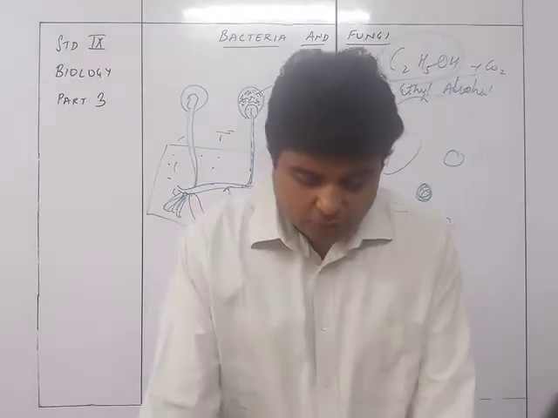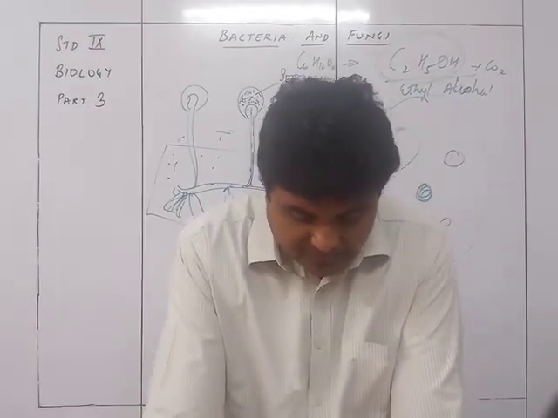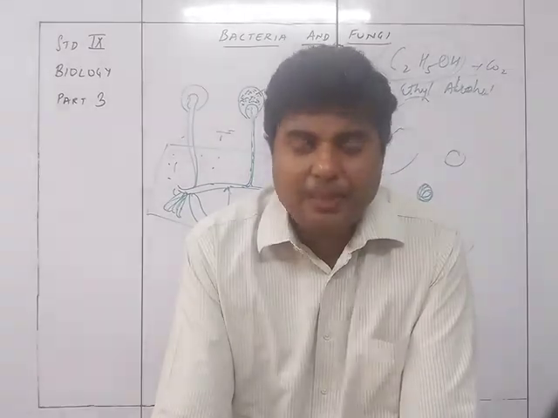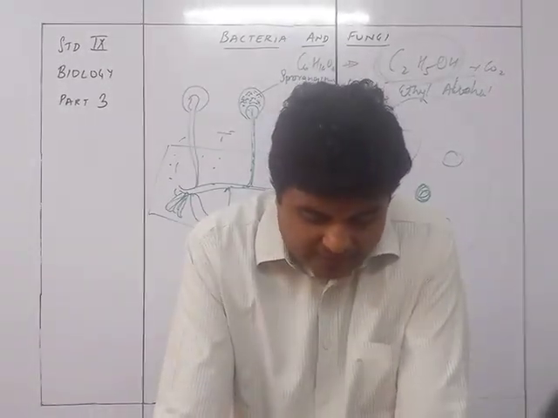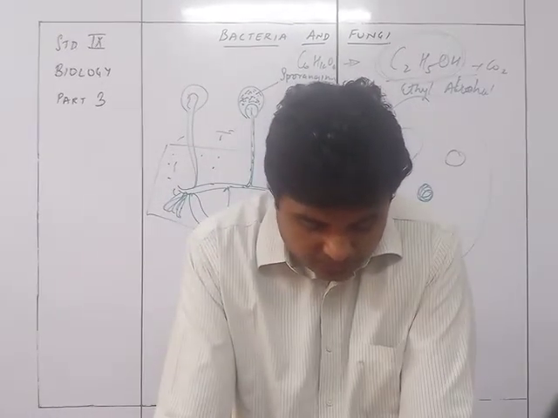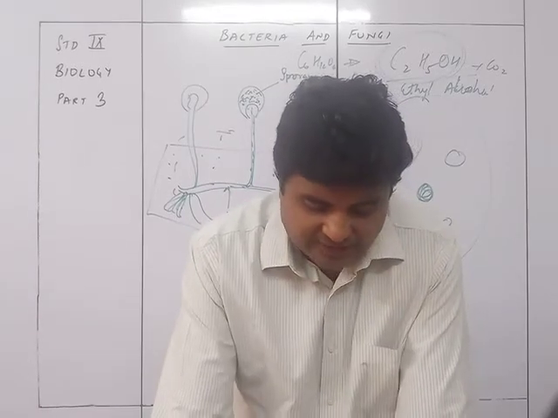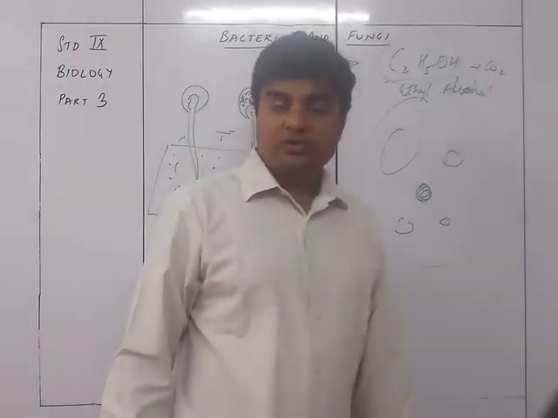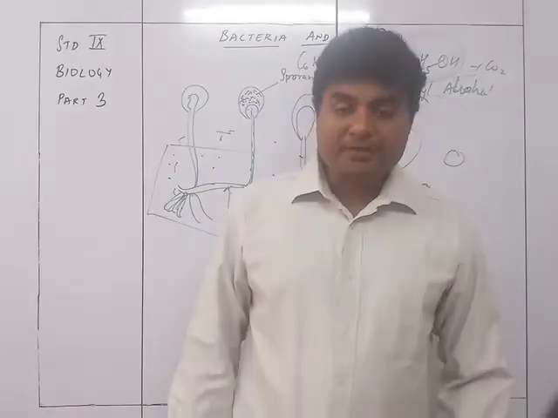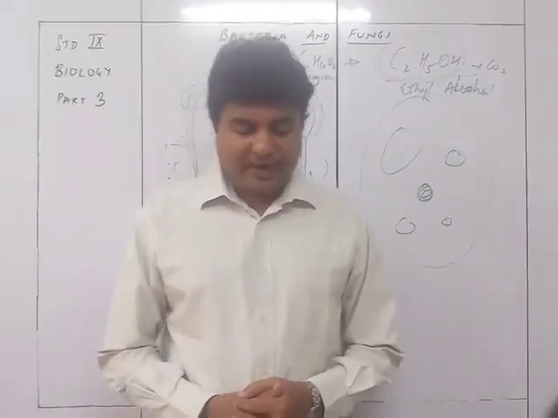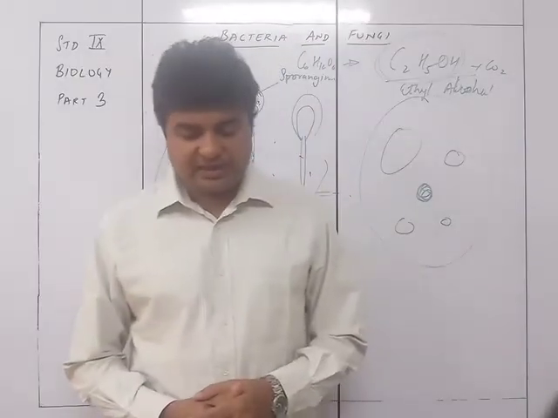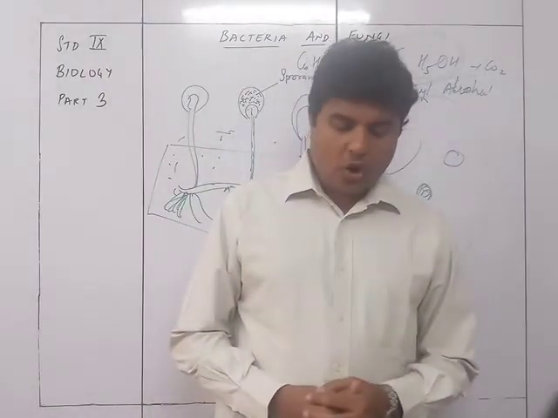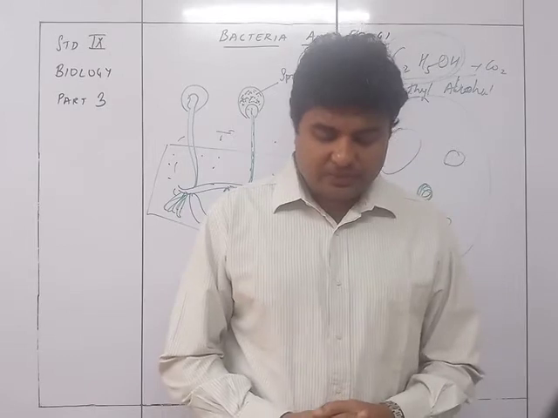The source used for making wine is grape, and for beer is barley maltose. The microorganism employed is yeast. The biochemical reaction is as follows: C6H12O6 gives C2H5OH plus CO2. Grapes are crushed and fermented in large vessels. Yeast cells, either naturally present on the grapes or added, carry out the process.